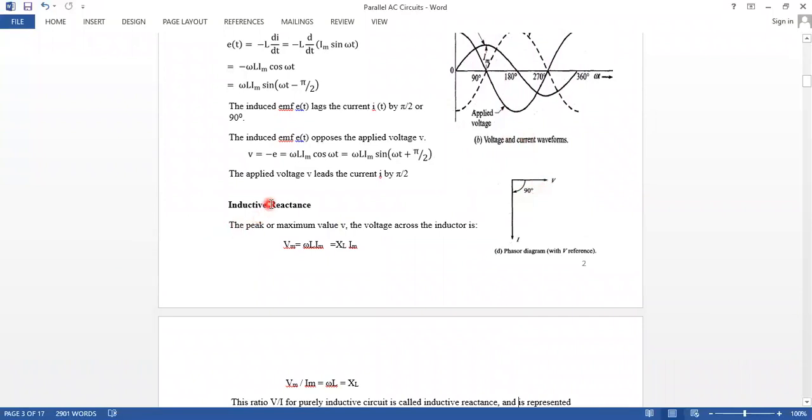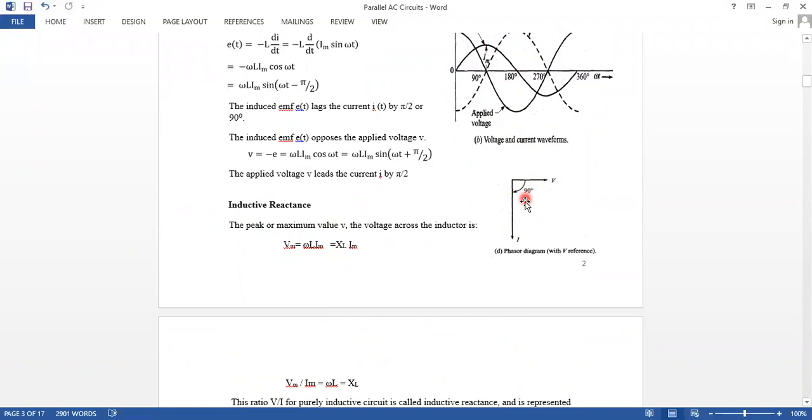So the inductive reactance, that is XL as we call it, is nothing but Vm by Im. XL is called the inductive reactance and it is also given by omega into L. In AC circuits, we represent inductive reactance with the operator J, that is plus J XL, because plus J means the voltage is leading the current by an angle of 90 degrees.